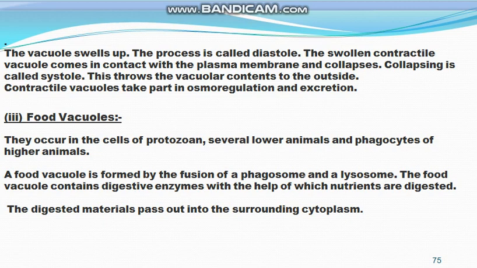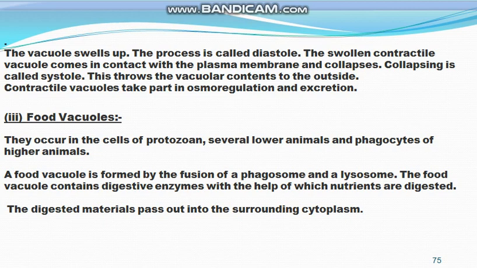So what is the role of the contractile vacuole? The role of the contractile vacuole is osmoregulation, meaning regulation of water content, and moreover excretion of the waste product. So this is the second type of vacuole.